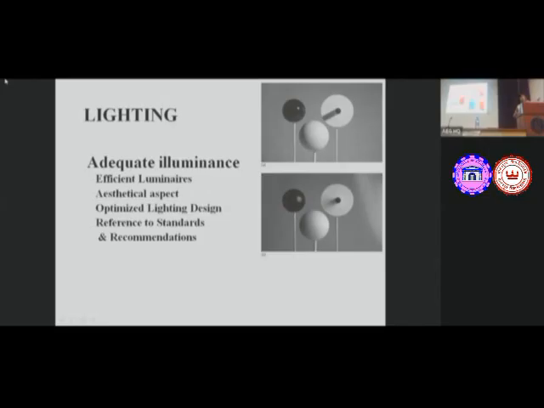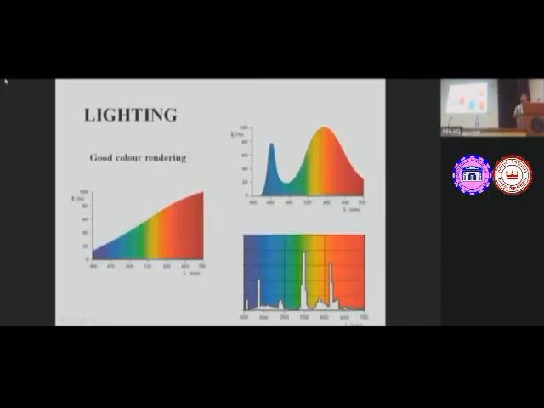Okay. Going over to the spectrum of light. In the earlier days we used to use different kinds of light sources, something like this, that may be a metal halide lamp, that may be a sodium vapor lamp, depending on where we are using it. In that case the full spectrum is not present.